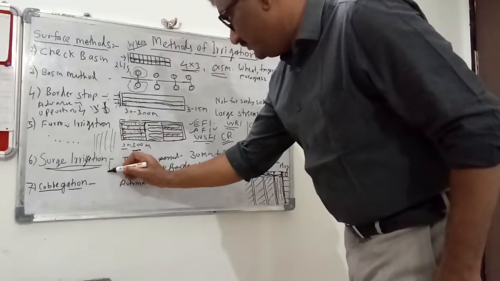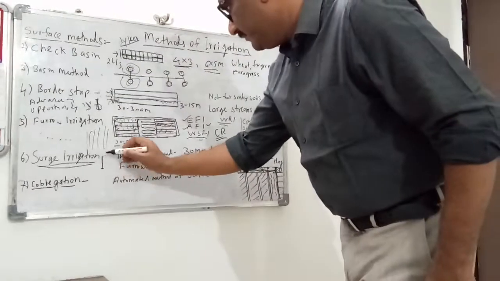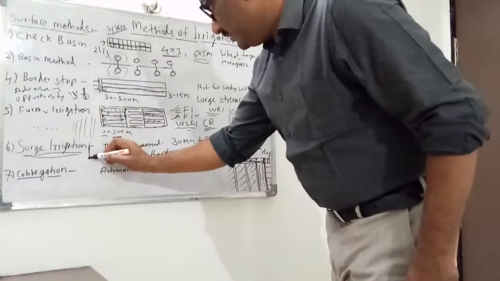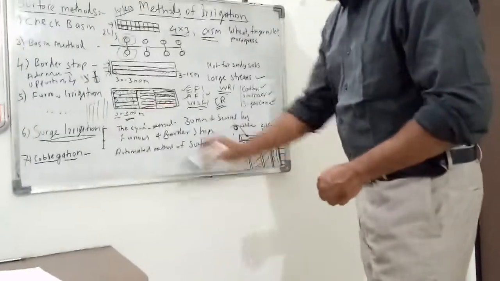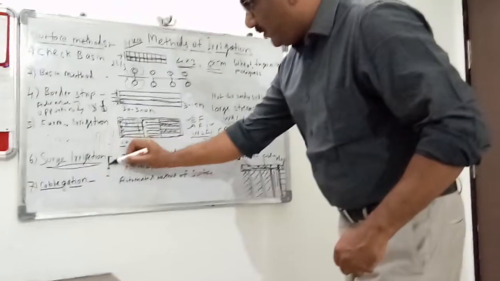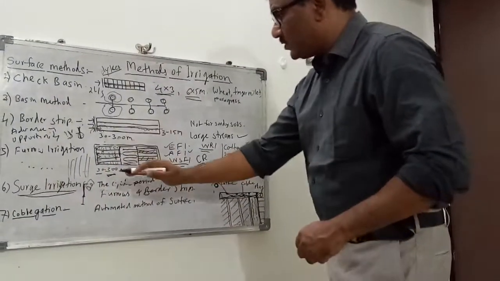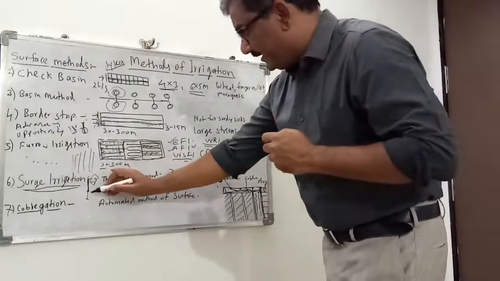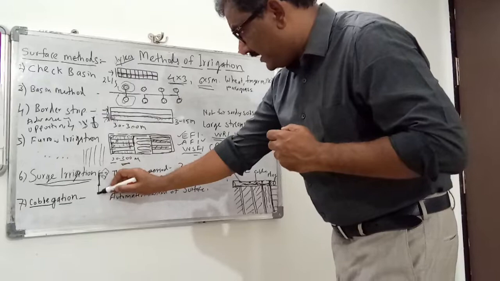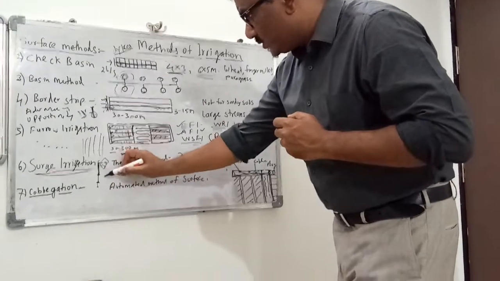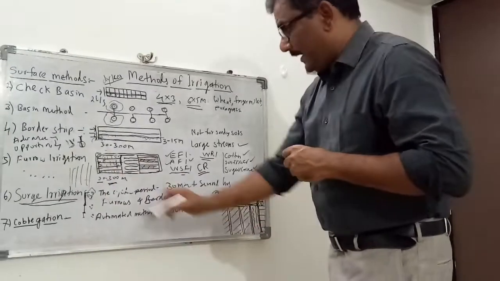Means water is allowed for a certain period, then stopped, then started again. We apply water for a certain period like 30 minutes, then stop, then apply for 20 minutes, stop again, then start for 10 minutes.